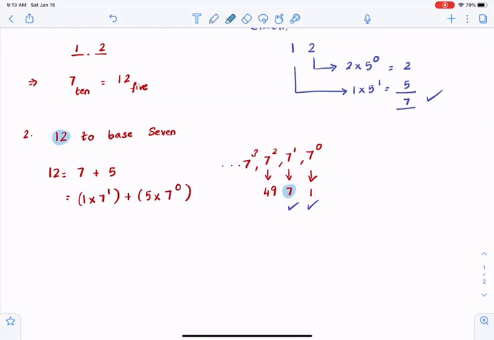That means I have the 2 digits for base 7. The first one is 5. The second one is 1. So I would end up getting 15. So the number 12 in base 10 will be the number 15 in base 7.